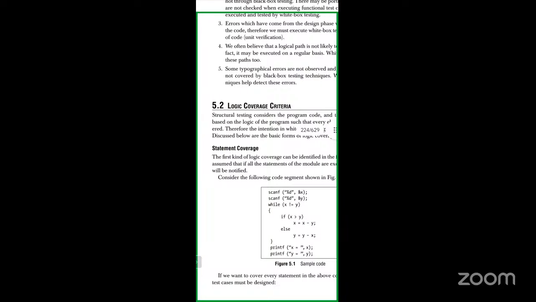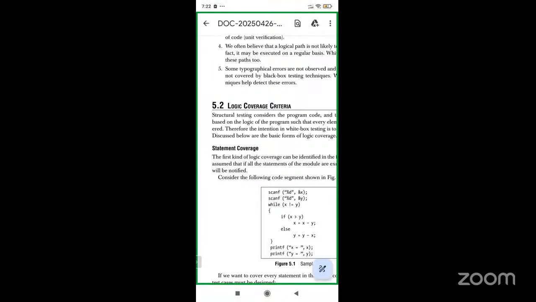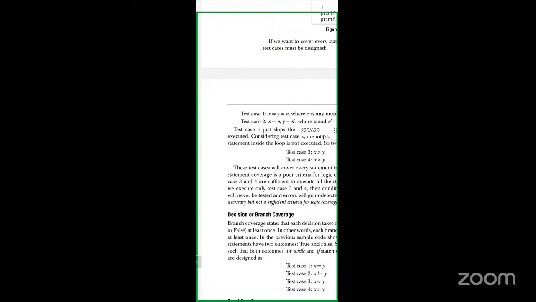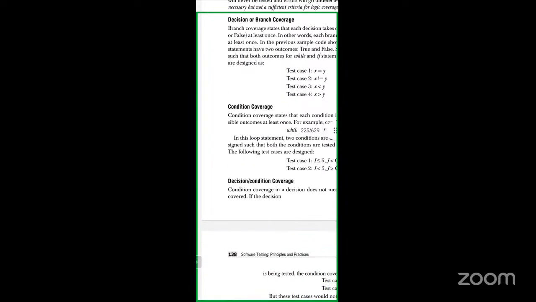So what the logic coverage criteria covers is all the statements of whatever code you are writing, whether it is in C, C++, Java or any other programming language. It covers all the decisions, that is, if conditions and if-else conditions, and it produces the test cases.